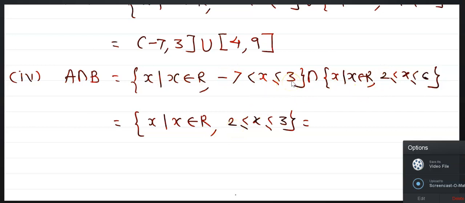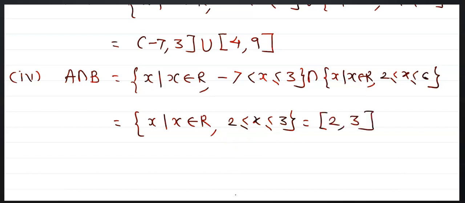Here is a 3 and 6, therefore the common is 3. So 2 and 3 here, and -7 means -7, -6, -5, -4 and so on. Therefore the common part of these two intervals is x lies between 2 and 3, that is, [2, 3].